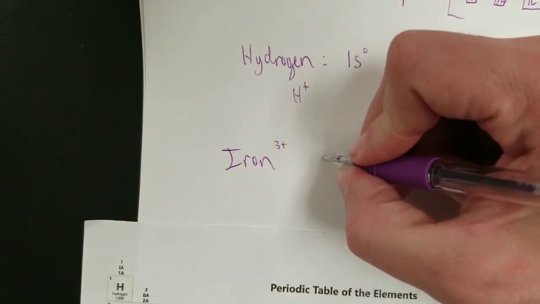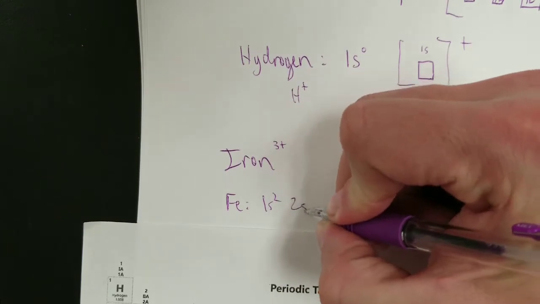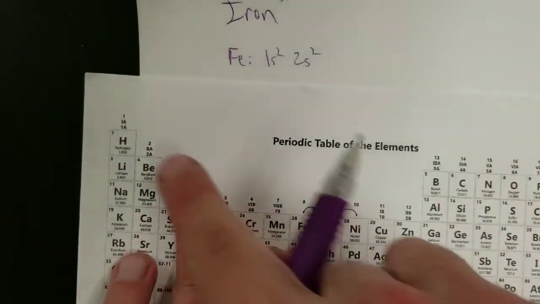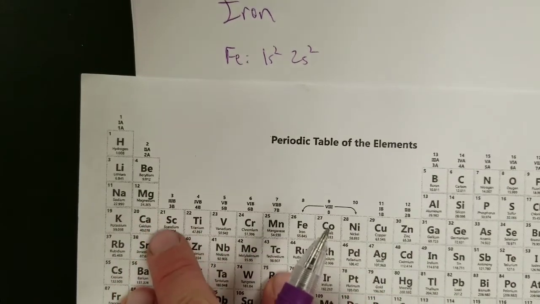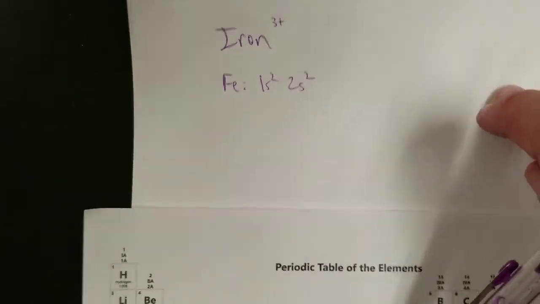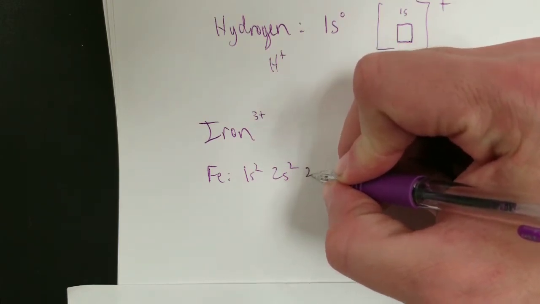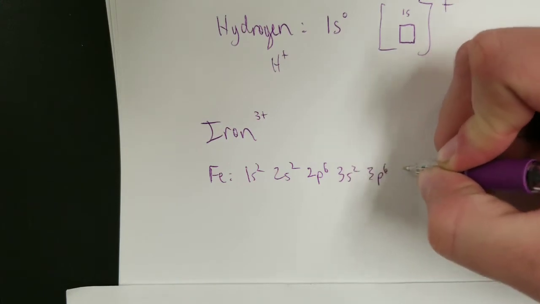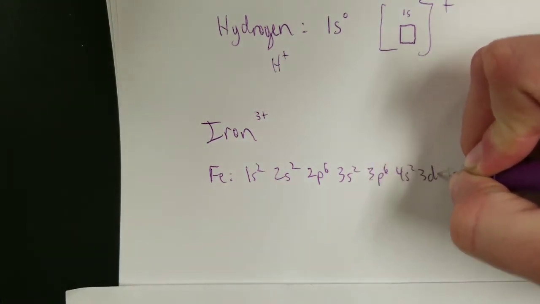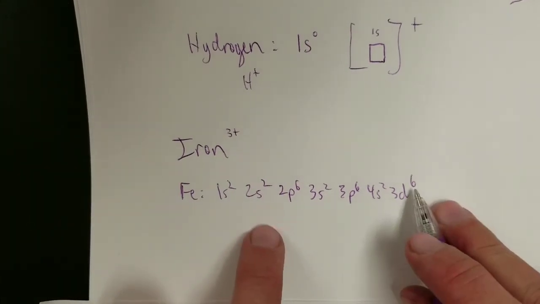For regular iron, that's 1s2, 2s2, 2p6, 3s2, 3p6, 4s2, 3d6. That's neutral iron. So iron with a 3 plus is 3 electrons less.